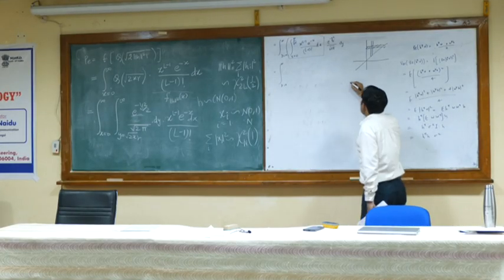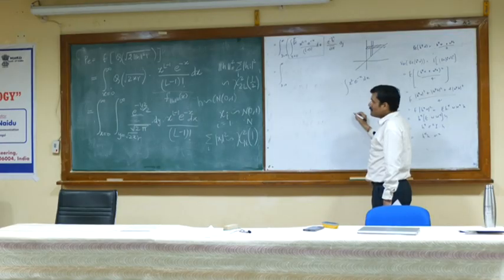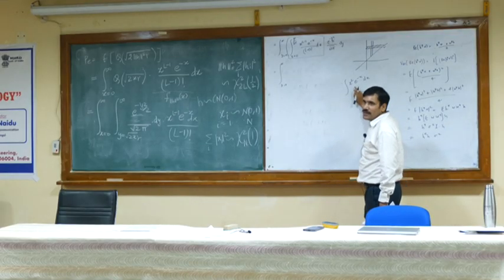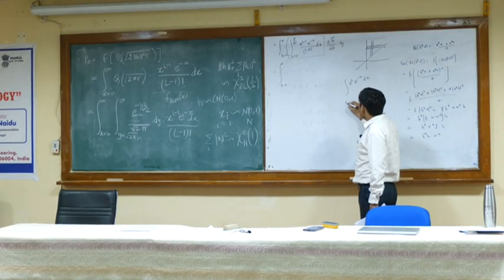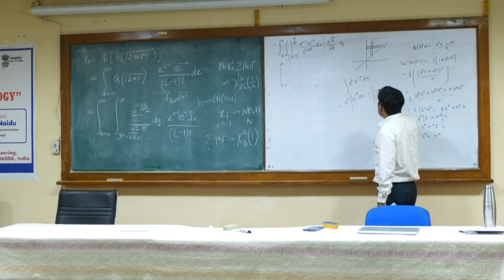If we have some x square e to the power minus x dx, how will we solve it? If we solve this, we will have 3 terms. First we will have x square times the integration of the second part, e to the power minus x, minus the integration of the differentiation of the first part, that is 2x, and the integration of that.